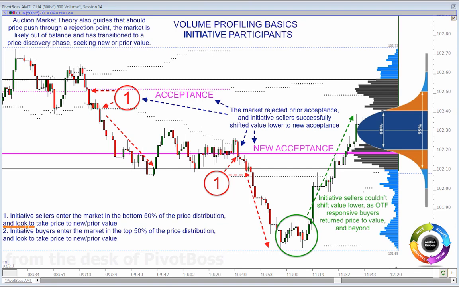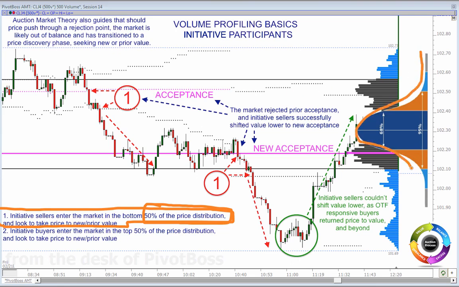And you can see down here, number one, initiative sellers enter the market in the bottom 50% of the price distribution, and they look to return price to either prior value or look to create new value. So if they're entering in the bottom 50% of the price distribution as an initiative seller, that means that if the price distribution profile is a perfect mirror image and the peak is volume point of control, that's value, then 50% above it equals the 50% below it.